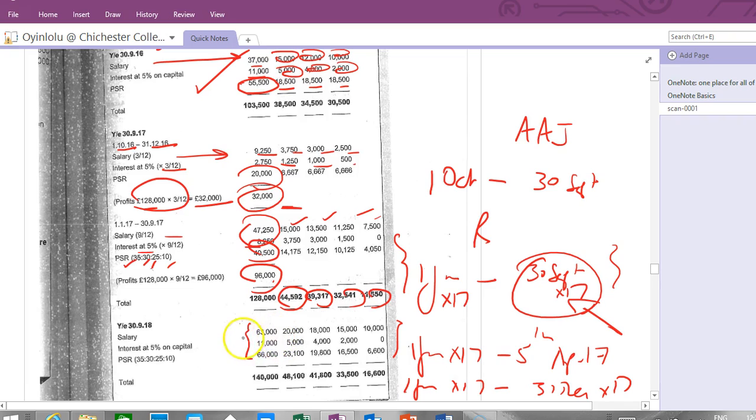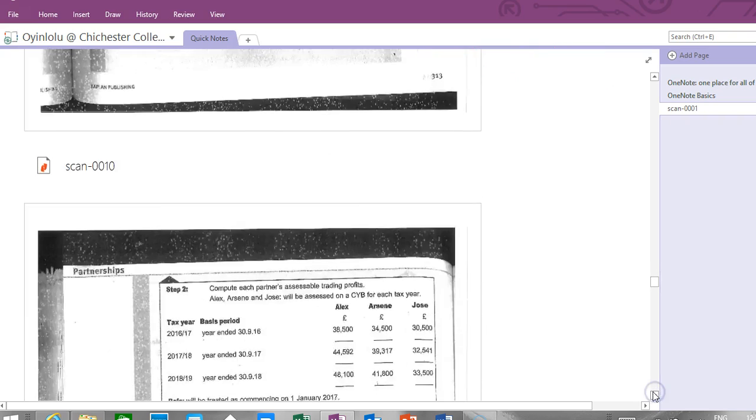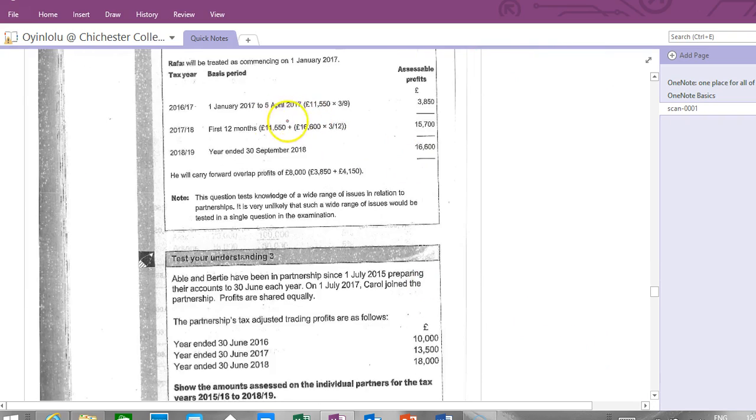So Rafa is now fully involved. You calculate everything as normal, of course, because that's just partnerships, right? Then we deal with Rafa here. So this is Rafa, that's his first 12 months. Sorry, the 1st of January, of course, 3,850. Then we have the first 12 months because we go 3 months.